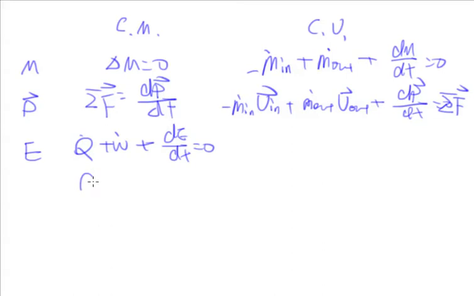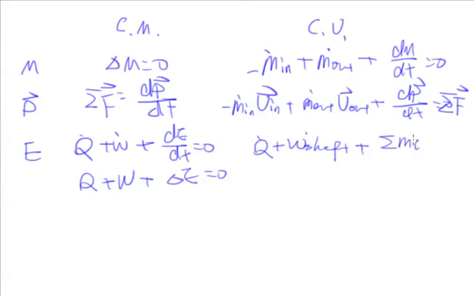Or we can have the time integrated form, which is Q plus W plus delta E equals 0. For control volume, we have mass flux, so there's one additional term, where H is the total enthalpy associated with the flow.